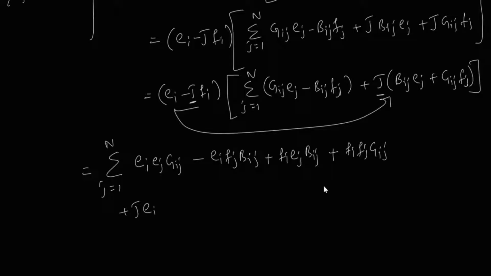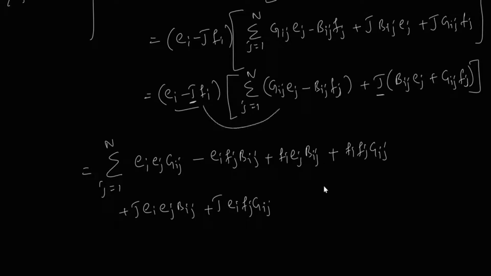This is plus j Ei Ej Bij, plus j Ei Fj Gij, and then taking the product of this and this, this is minus j Fi Ej Gij, plus j Fi Fj Bij.